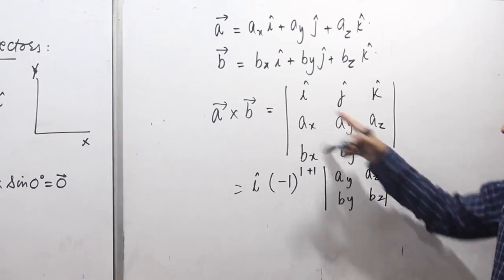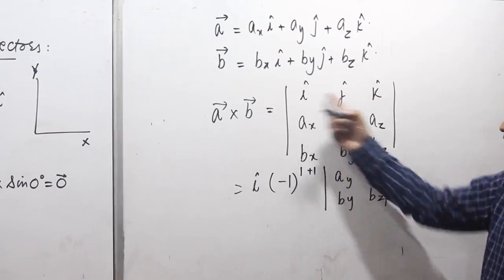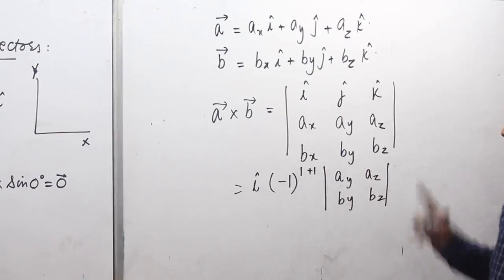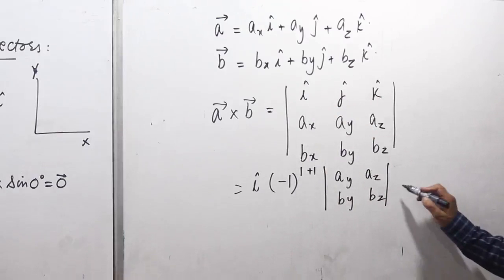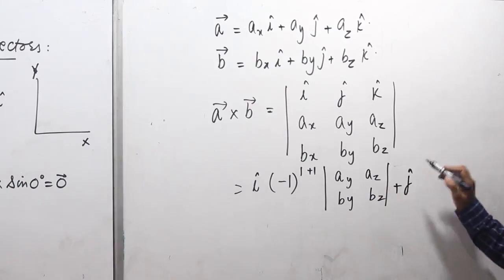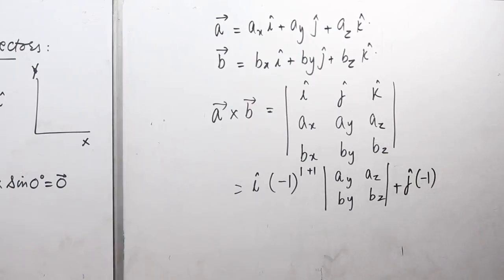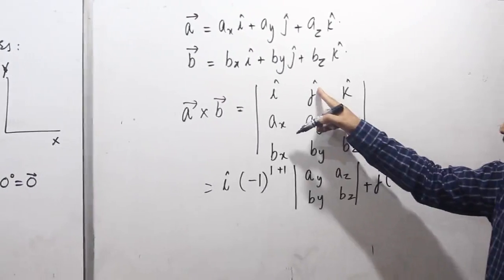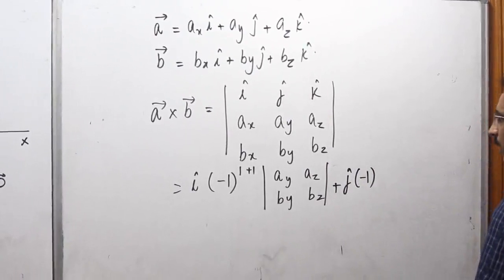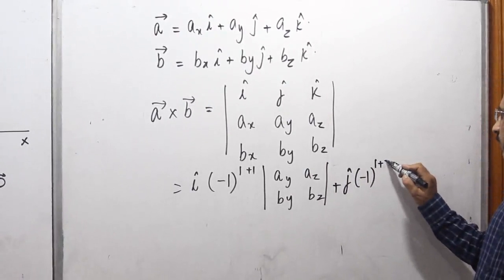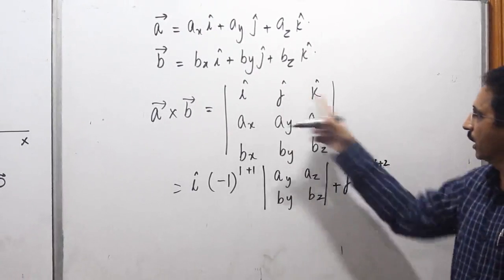So we cut this row and this column, and this becomes the minor. The second term in the expansion will be plus J cap into its cofactor. The cofactor is minus 1 raised to the power of the row number and column number of this element. So it will be first row, second column. Now cut the column, cut the row.